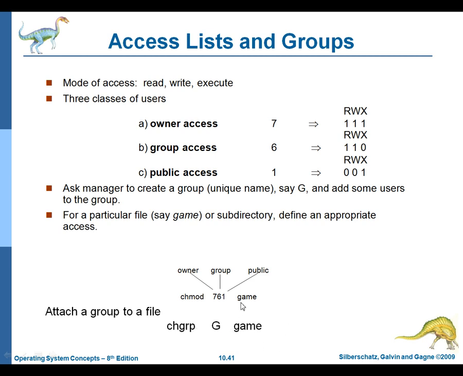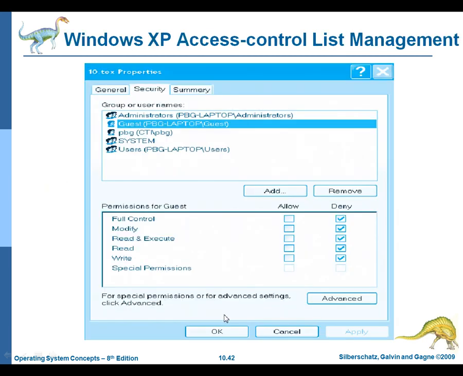So to this particular game, there are altogether 7 owners. Owner type of access has been provided to 7 people. 6 accesses are being provided to the group, and 1 is to the public. So we need to attach a group to a file. So any file that is created, we need to attach a group.